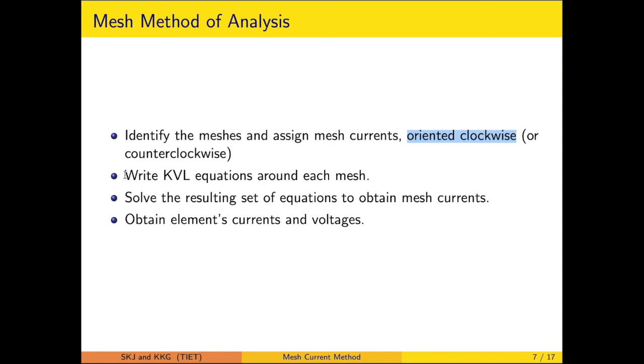Corresponding to each mass, we have to write the KVL equation with the mass currents as variables. Depending on the number of masses, that many equations result, and we will solve them to find the unknown mass currents. Once the mass currents are known, we can find the element currents and the voltages likewise.